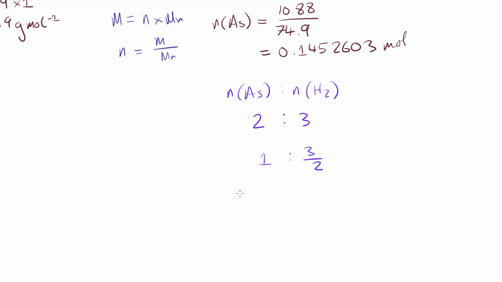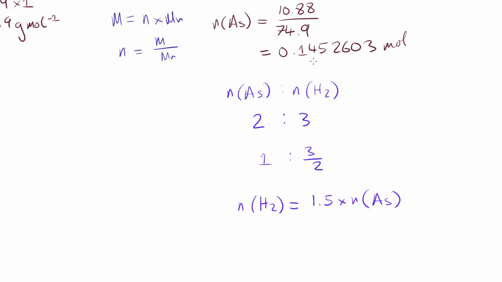So the number of moles of H2 is equal to 1.5 multiplied by the number of moles of As. This is basically what this tells us.